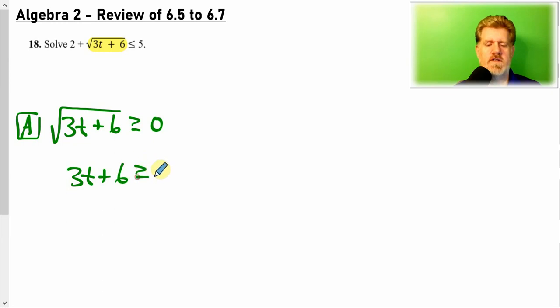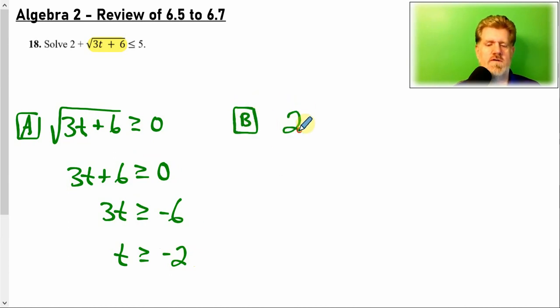That has to be bigger than 0. All right, subtract 6. Divide by 3. I know that t has to be bigger than -2. It has to be. Now let's do the whole thing, I should say.